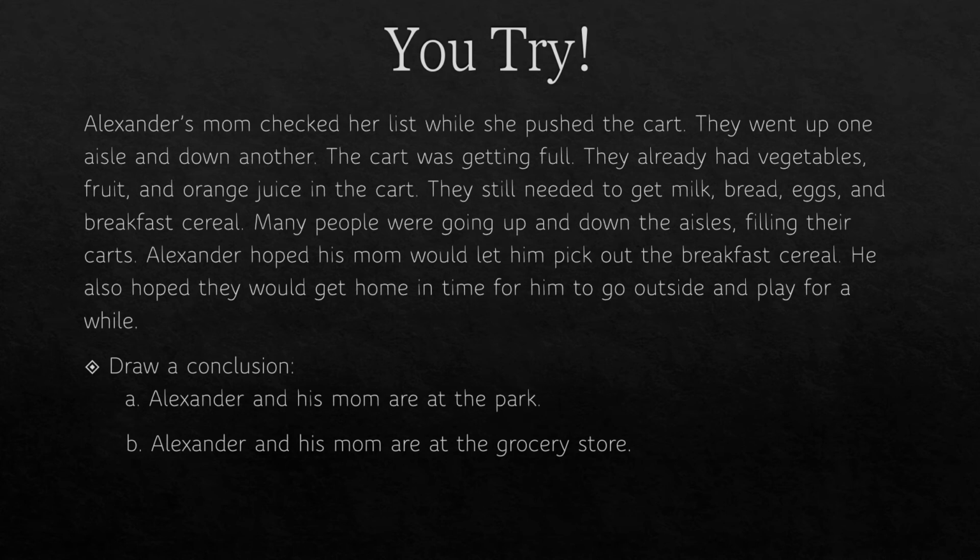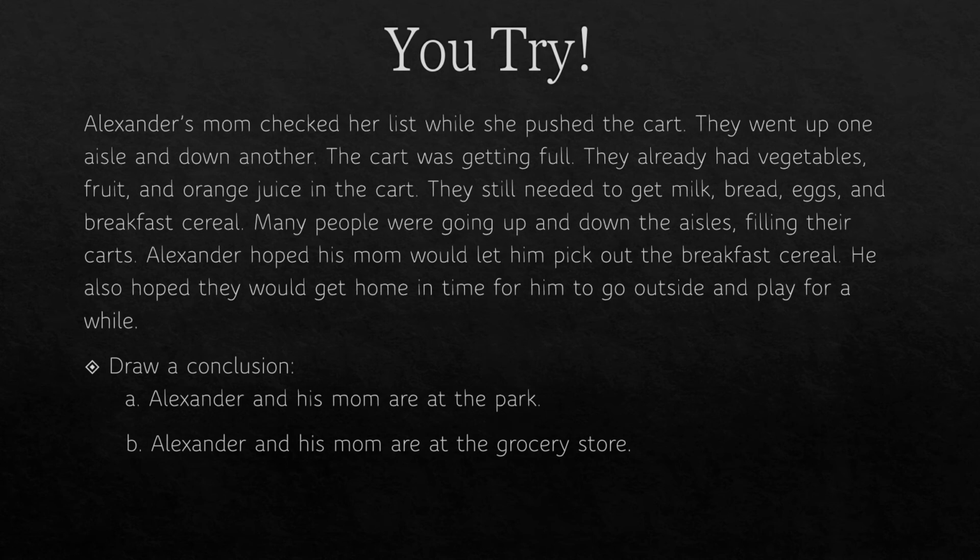Here is our last practice example. Again, I'm going to read the short passage to you, then read the question out loud. All right. Alexander's mom checked her list while she pushed the cart. They went up one aisle and down another. The cart was getting full.